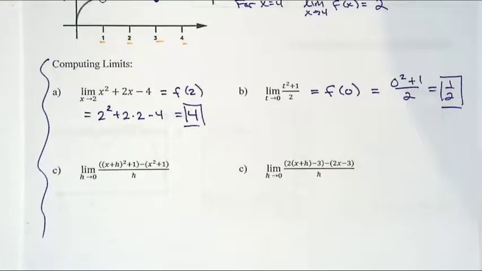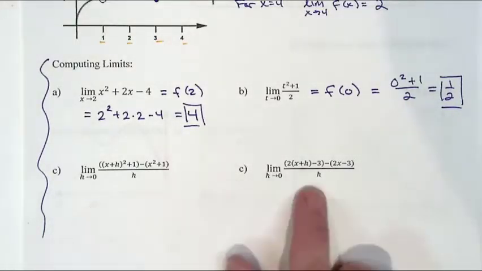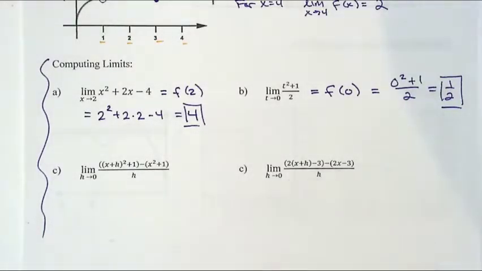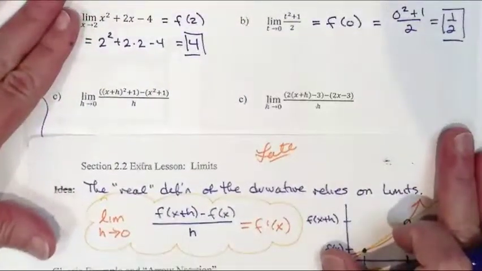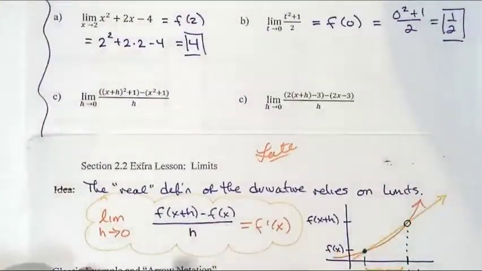Great. All right. So now what I'd like you to notice about these two examples down here is that they are exactly the same. Take a look at this side by side, you guys. They are exactly the same as this limit definition for the derivative that I've done.